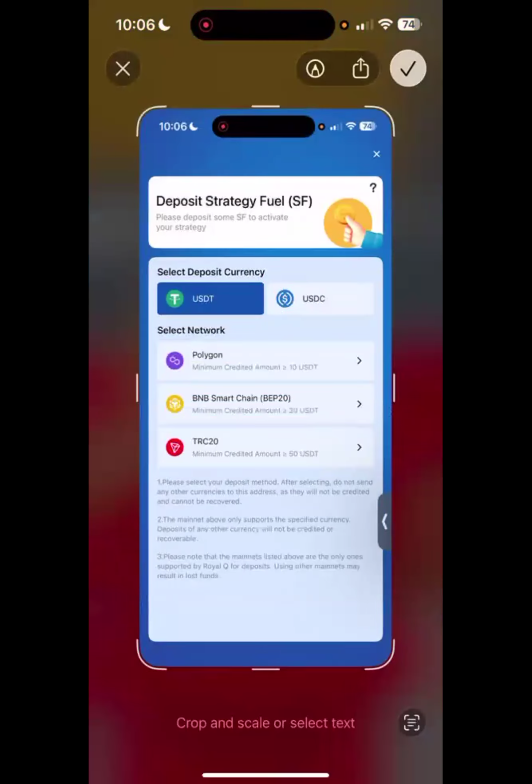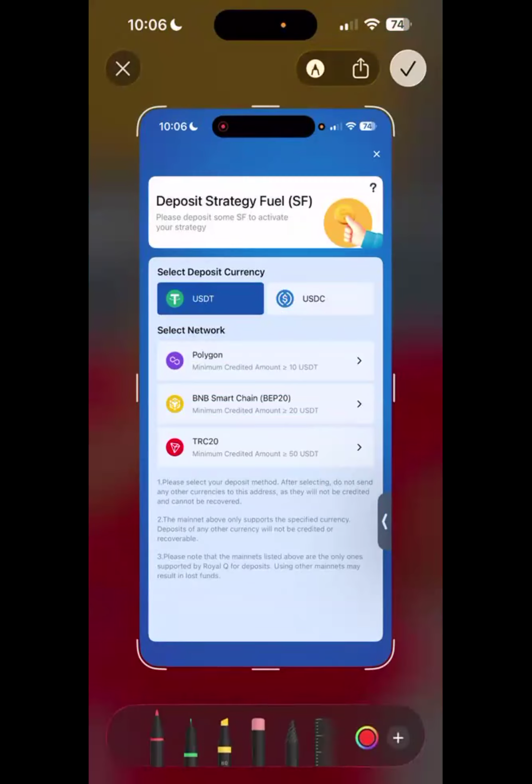If you want to deposit 10 USDT, you cannot use TRC20, because TRC20 supports 50 and above. BEP20 supports 20 and above. Then 10 supports Polygon. So that is why you need to use the respective network. Are you guys learning something?